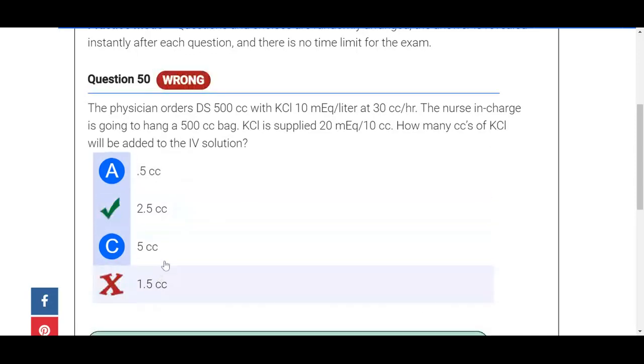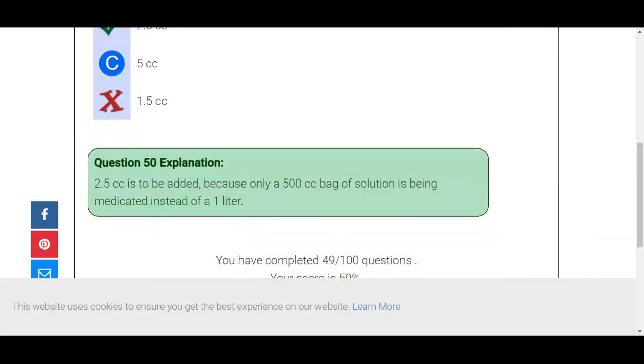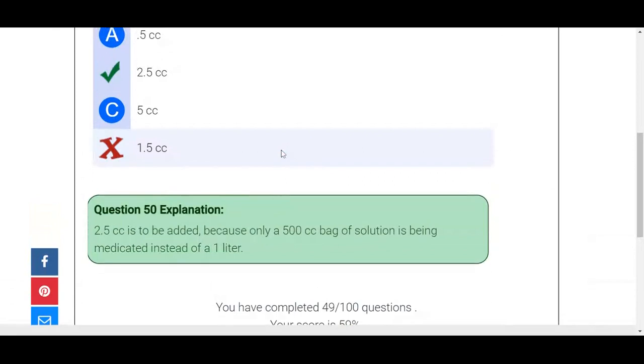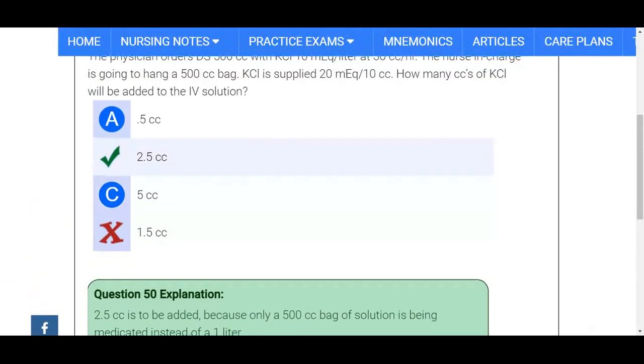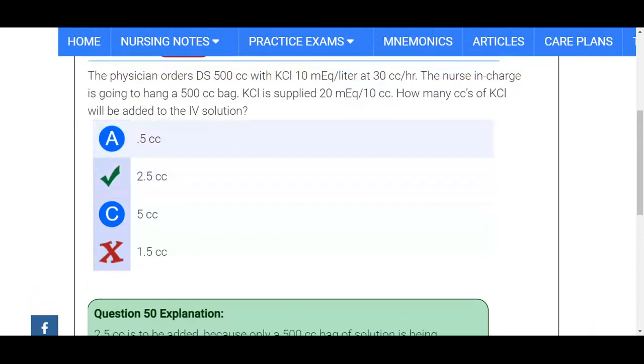Let's see, I'm not sure. Oh, it's 2.5. 2.5 cc's to be added because only a 500 cc bag solution is being medicated instead of 1 liter. Oh, that is true, yeah.